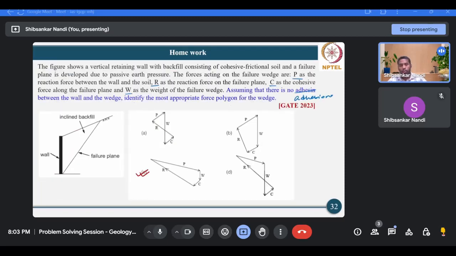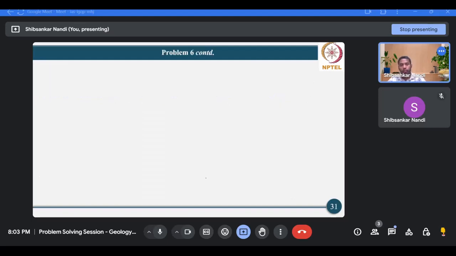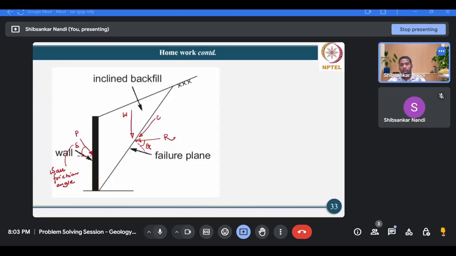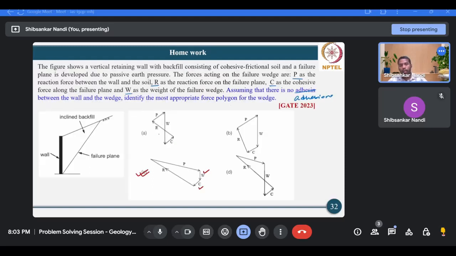W is acting downward. R is acting upward at an angle phi to the normal to the failure plane.